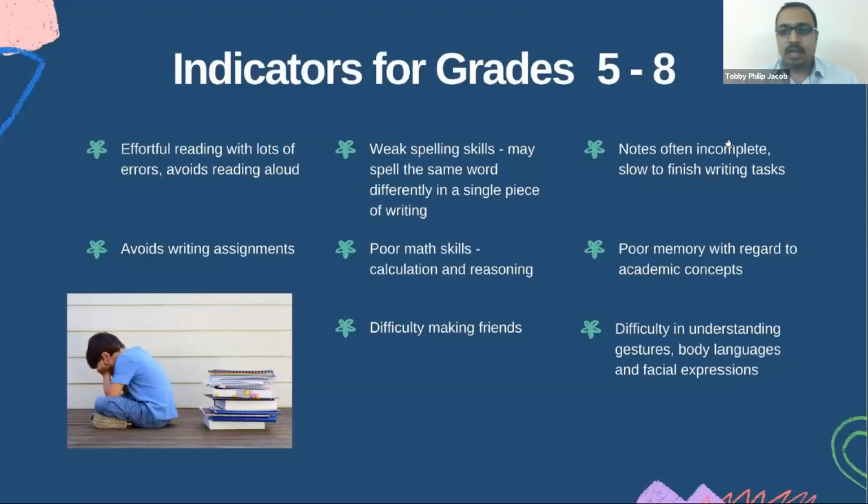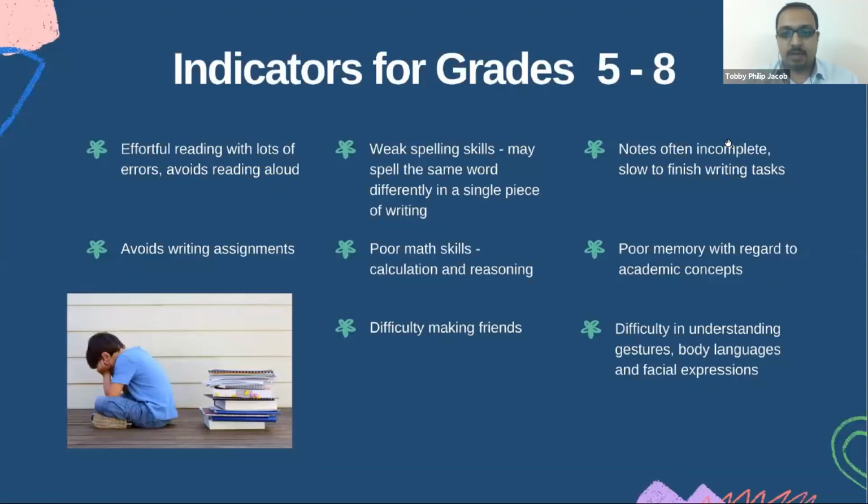The notes are incomplete, as I told you. They avoid writing assignments. They have poor mathematical skills, meaning calculations and reasoning. As it goes up, it is based on sentences. For example, you have 10 apples; if you give me 5 apples, how many apples would you have?